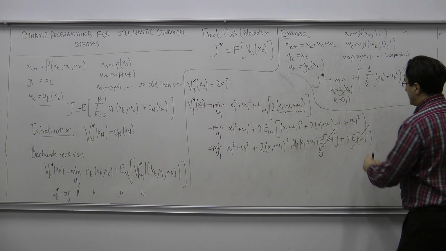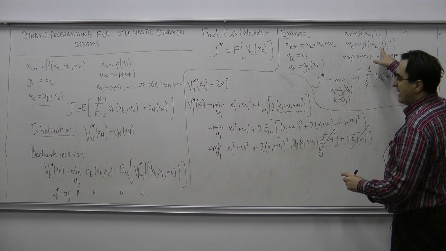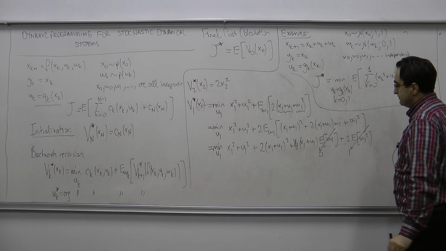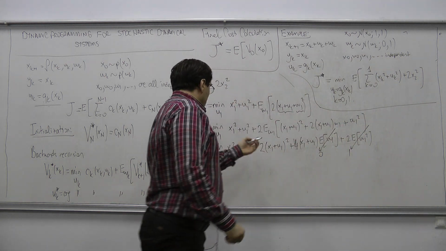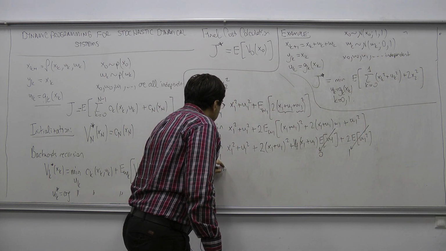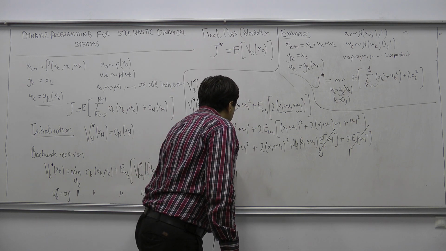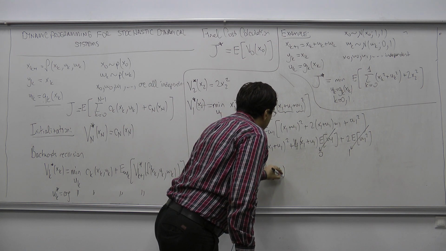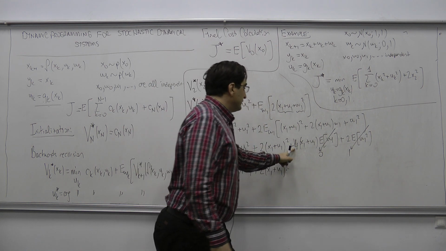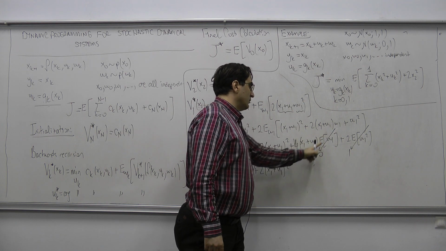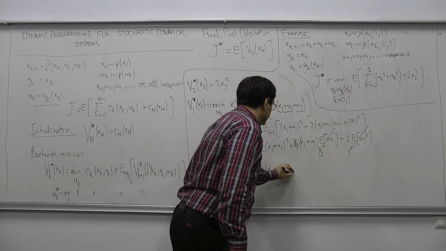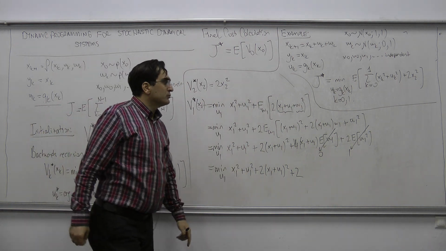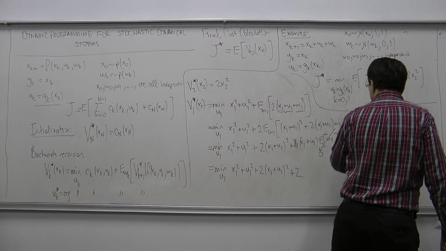And the expected value of w1 squared, because w1 has 0 mean, is the variance of w1, which is 1. All right? So the cost function that I need to optimize turns out to be this: minimize over u1 of x1 squared plus u1 squared plus 2 (x1 plus u1) squared. The cross term cancels out because of this expectation property, and I would have 2. All right? So now I would have to do this minimization with respect to u1.